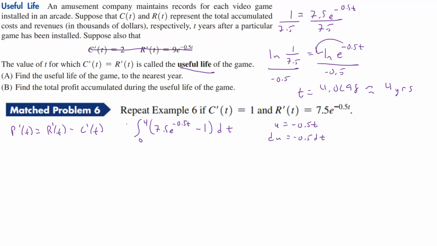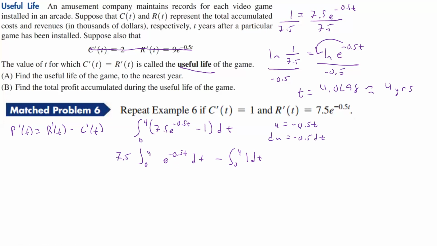Let's rewrite this: 7.5 times the integral from 0 to 4 of e to the negative 0.5 t dt. I'm splitting it apart because we have that use substitution on this side, but not over here, where we just have minus the integral from 0 to 4 of 1 dt. So I pulled out the negative 1 and put it here.